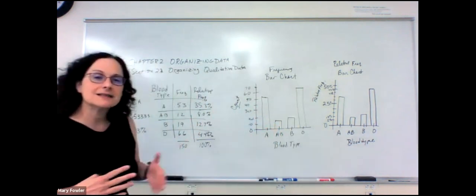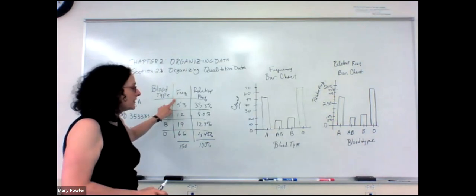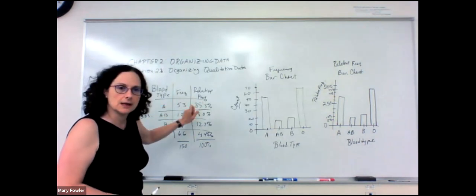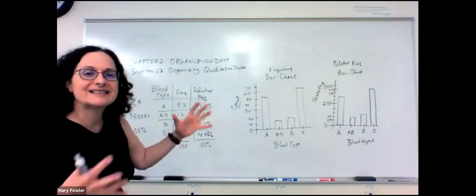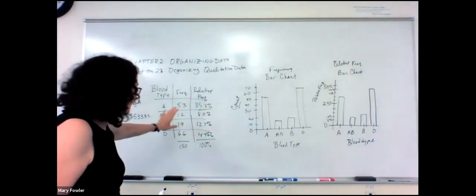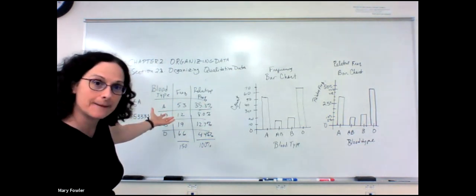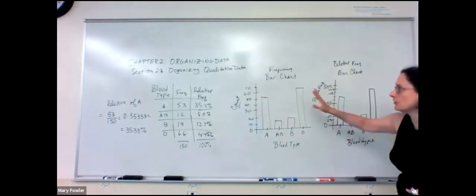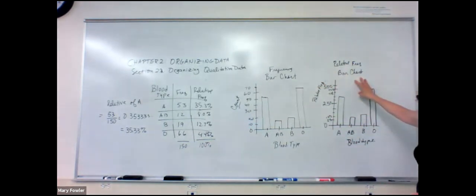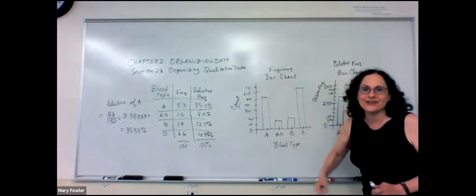So they have the same shape because the transformation that brought frequency to relative frequency was a linear transformation, and it just rescaled the numbers by dividing by 150 and then multiplying back up by 100%. So they end up having the same shape when you go from frequency to relative frequency, but what changes is the vertical axis.